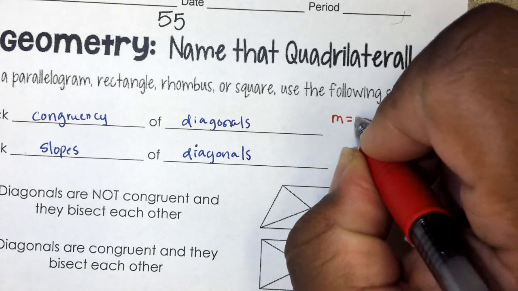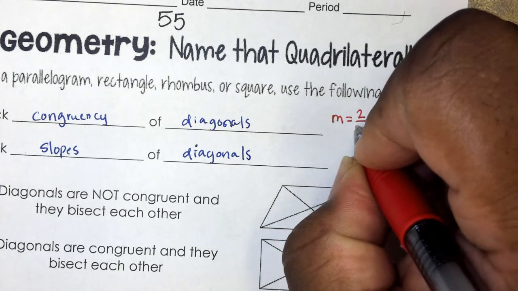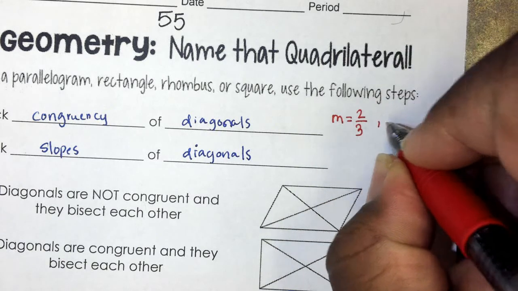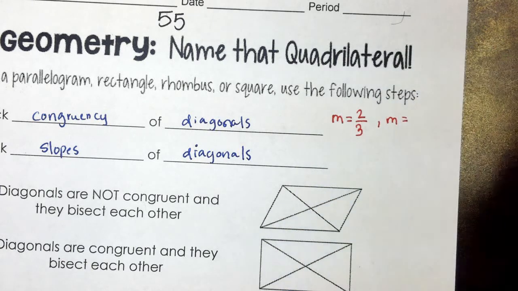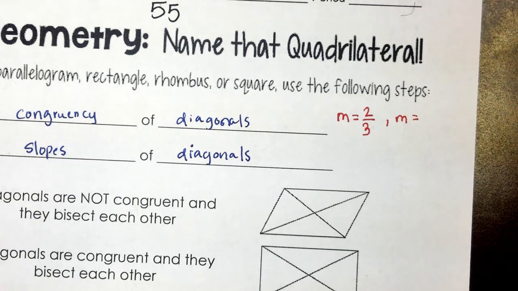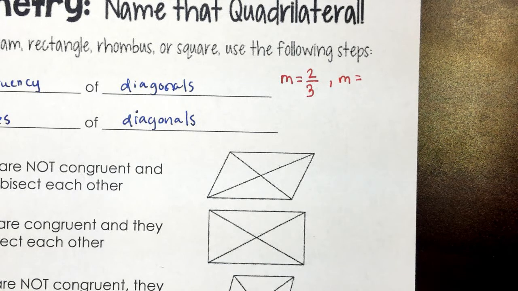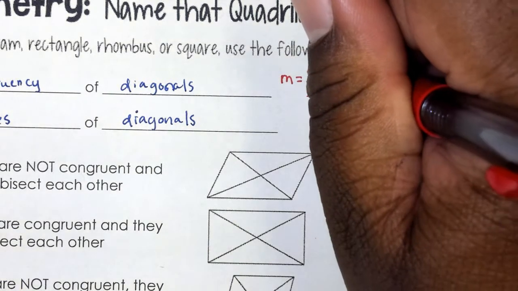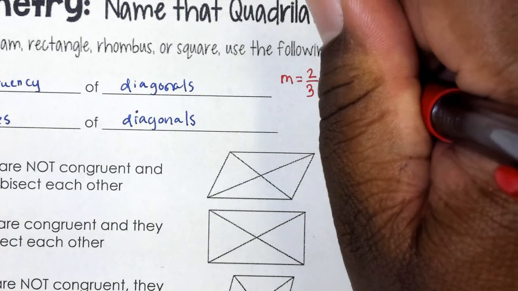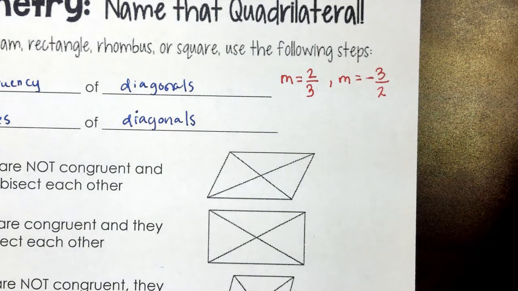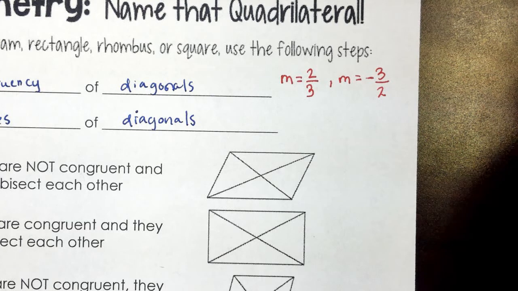I tell you the slope of one line is 2/3. What's the slope of the perpendicular line? -3/2. Thank you, Juan. Remember those perpendicular slopes are the reciprocal.